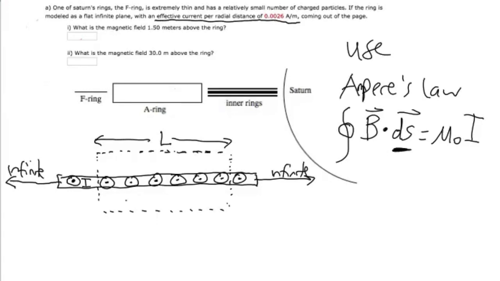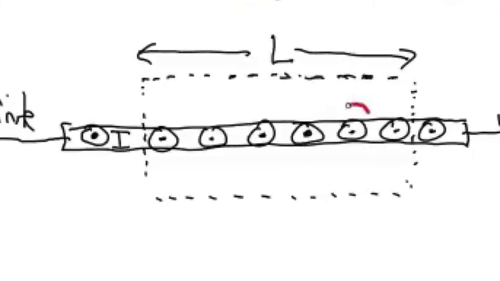Let's just figure out what our magnetic field looks like. I'm just going to look at one of these current elements right here coming out toward us. Using the wire right-hand rule, the magnetic field produced by just one of these would be a circle around it. Using the right-hand rule, that magnetic field would be like this.